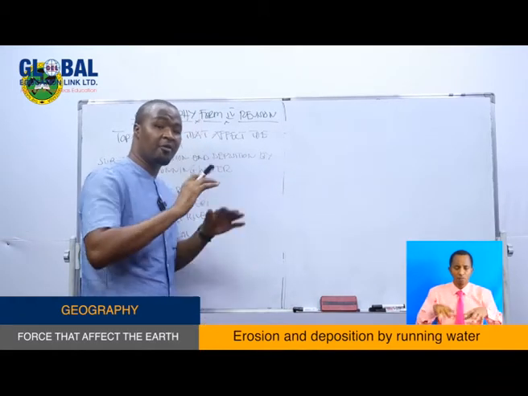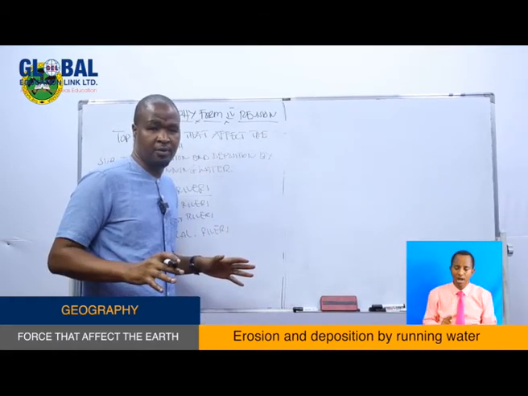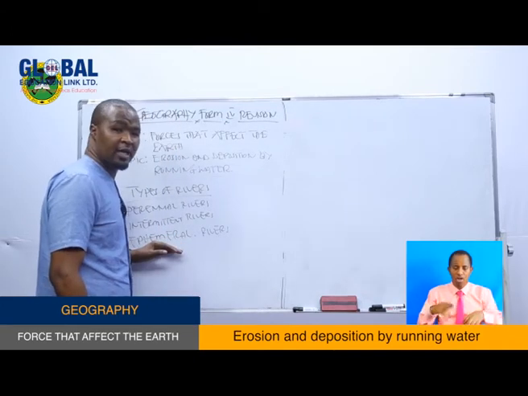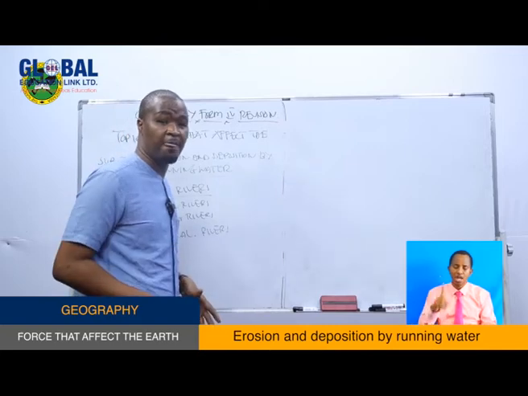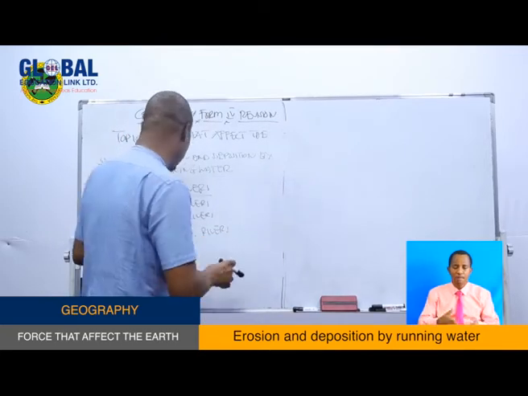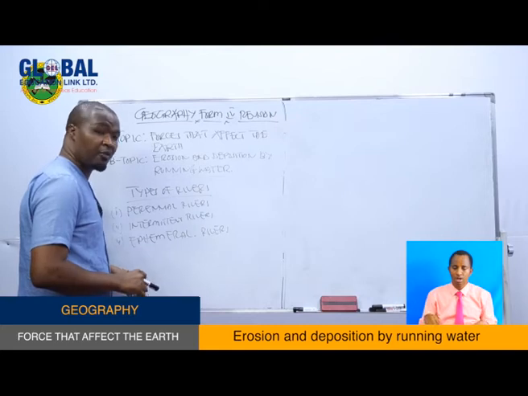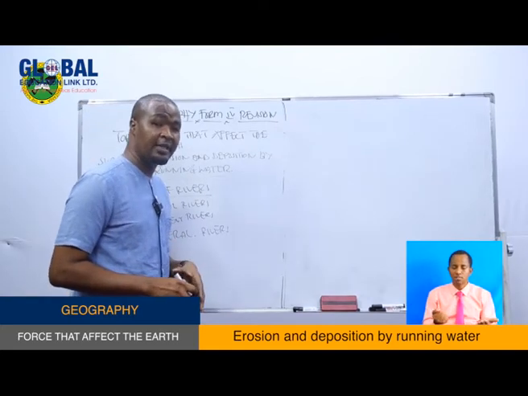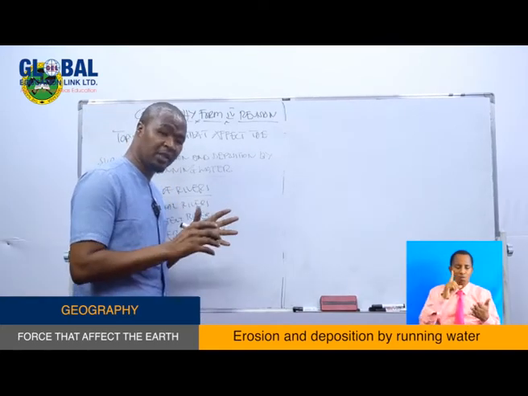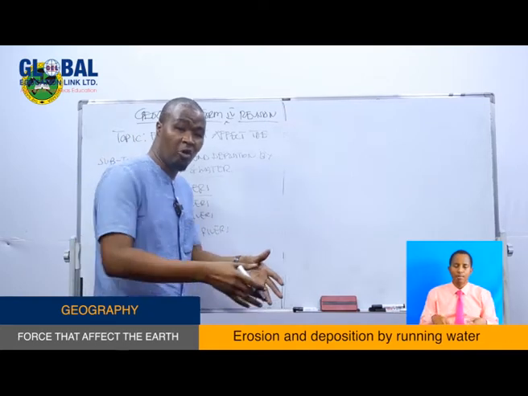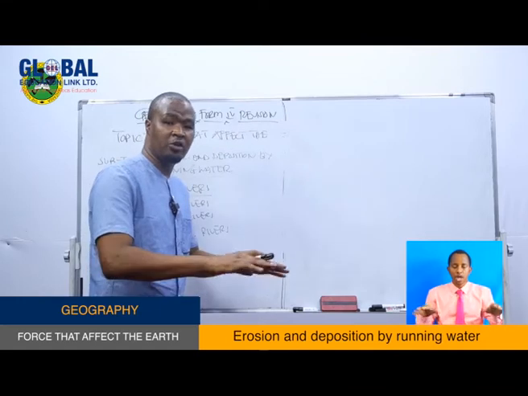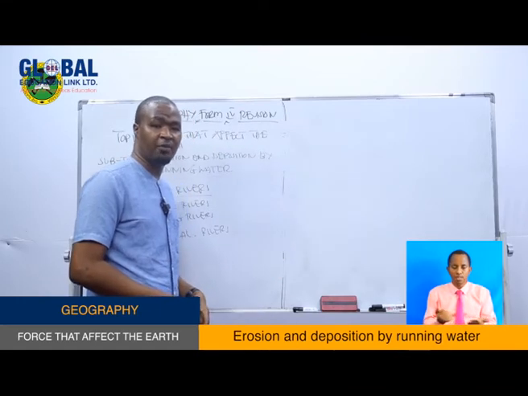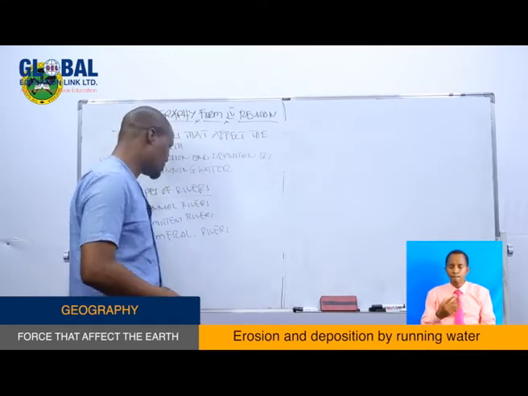And when the rainfall stops, the water in the river valley will stop flowing and disappear. Those kinds of rivers we call ephemeral rivers. For instance, the rivers found in the sand desert. You may find that during the rainfall there will be flowing of water. Then after the rainfall stops, the water will disappear into the ground. Are you with me? And we call them the ephemeral rivers.